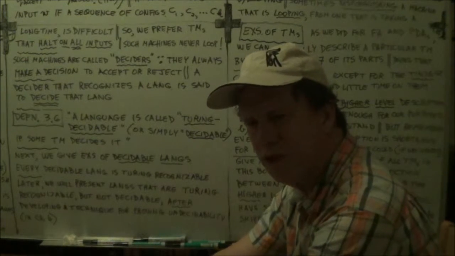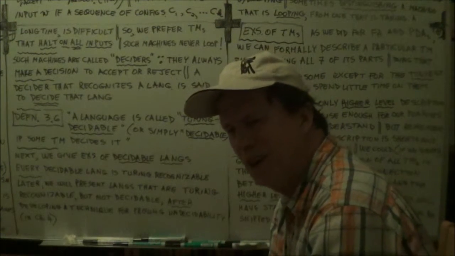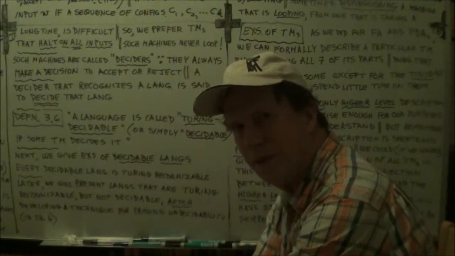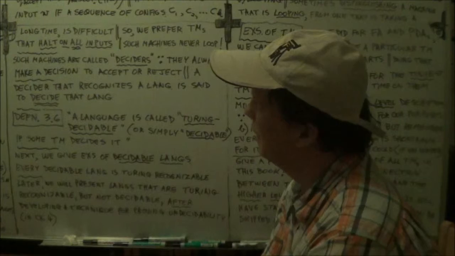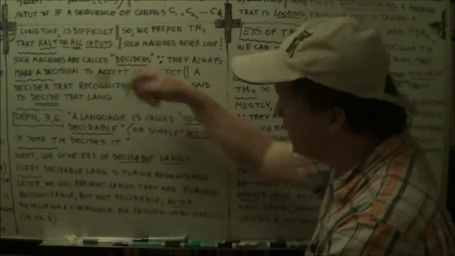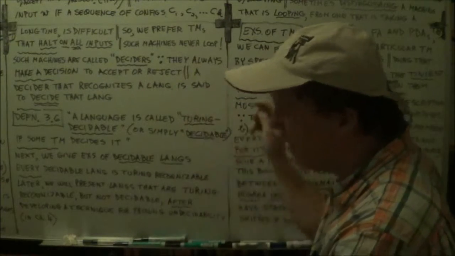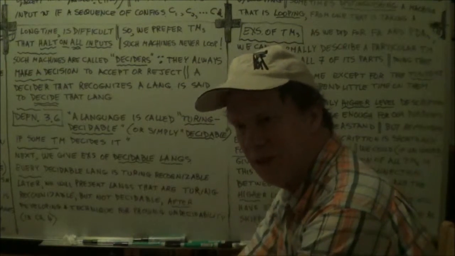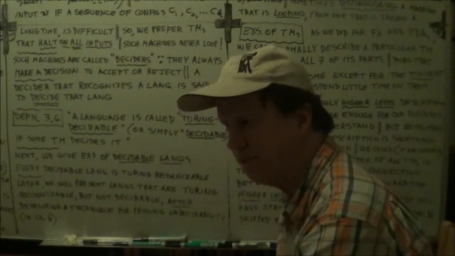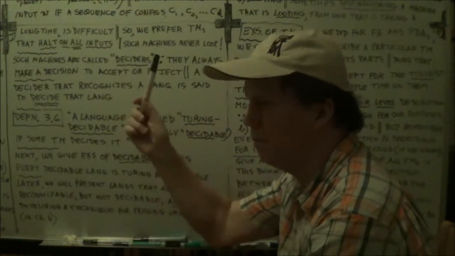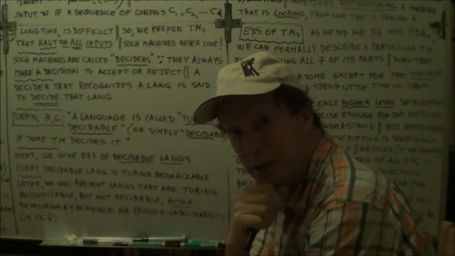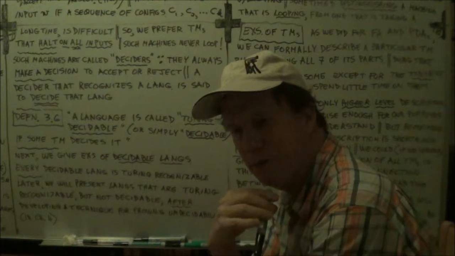That seems to me a bit of a contradiction, because in the next chapter we will show there are languages that are undecidable. Anyway, I have a real question mark about this part, and perhaps it may be interesting for you to return to it after you've done chapter 4, the next chapter.